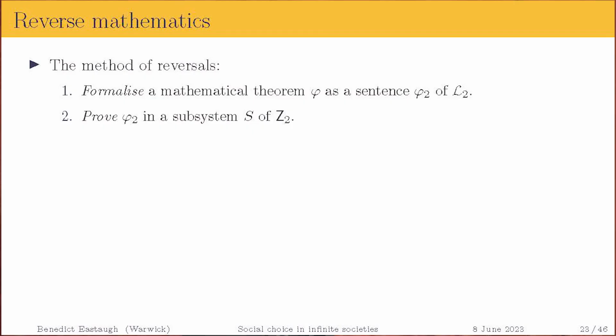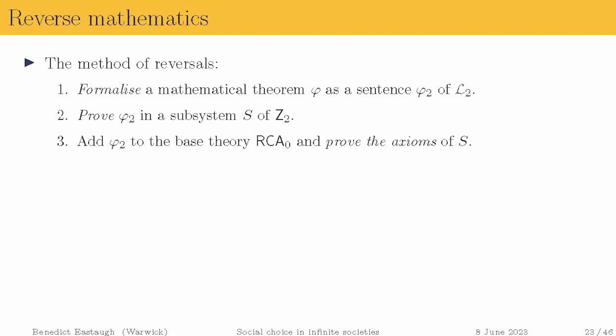And then the work starts. Then you prove it. You prove that statement in some subsystem of second order arithmetic, in my example, ACA 0. And then you go back, right? You do the reversal. You add your formal statement to the base theory, and you prove the axioms of the theory that you're proving it equivalent to.